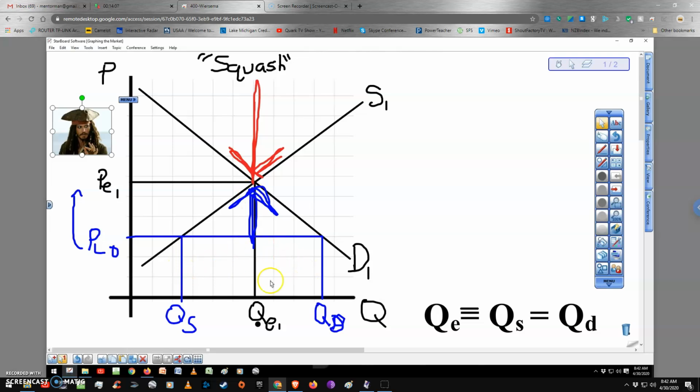So guess what happens in a shortage to price every time if it's allowed to move? It goes up to X. Just like we had before, a surplus up here pushed the price down because it's not at X. It wants to go to X always.